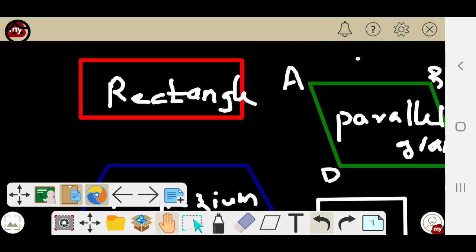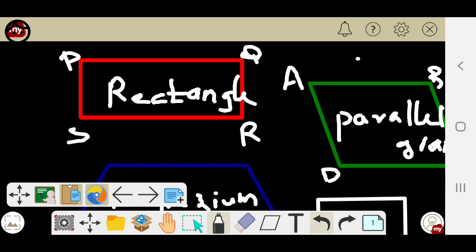Then while thinking about this rectangle, what can we tell? Yes, if P, Q, R, S are four vertices, PQRS, then what can you tell? PQ equal to RS and PS equal to QR.